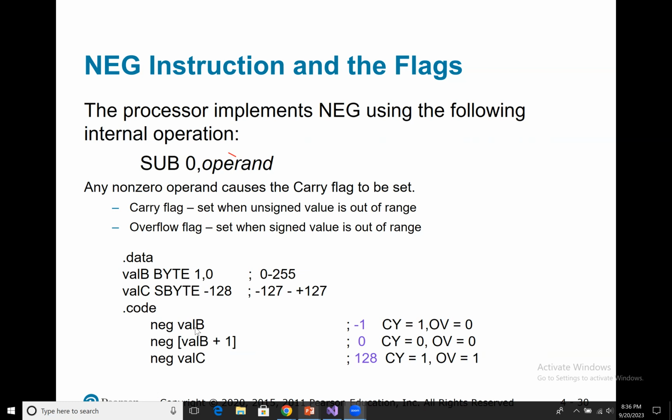So negate only has one operand. Any non-zero operand will cause the carry flag to be set. And the reason is that if this is a zero right here, 0 minus 0 is just 0. So it's not going to cause it to negate the number.